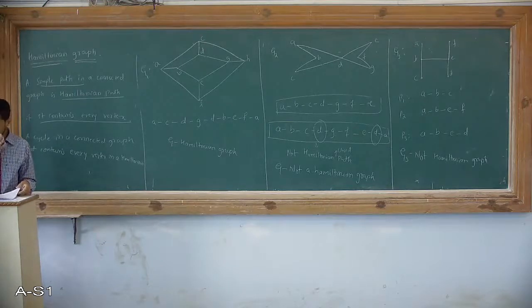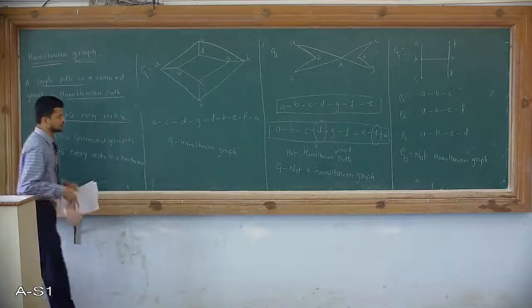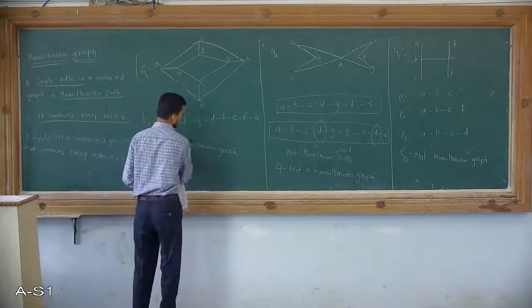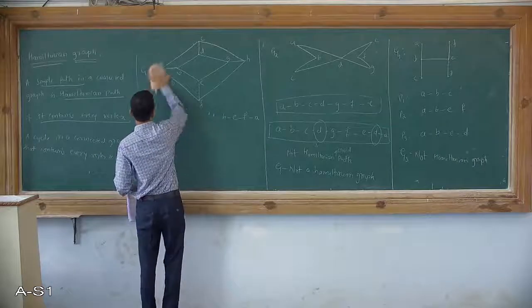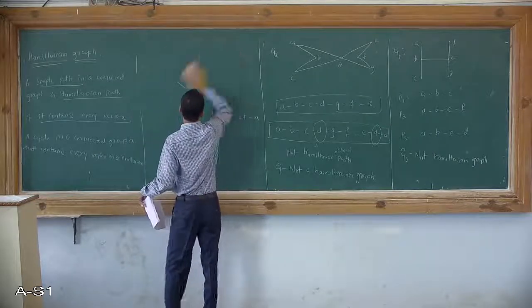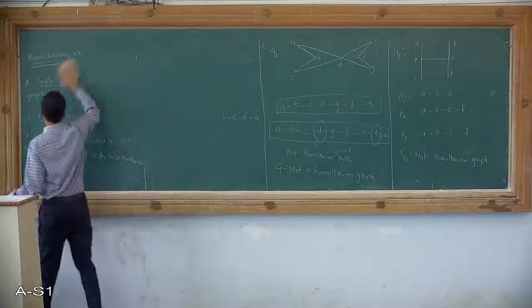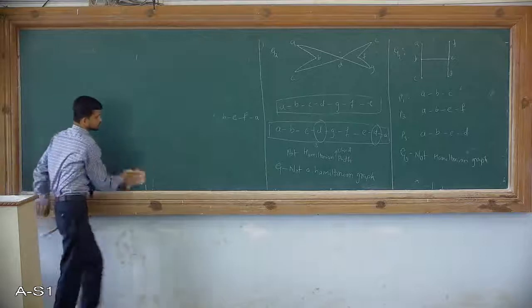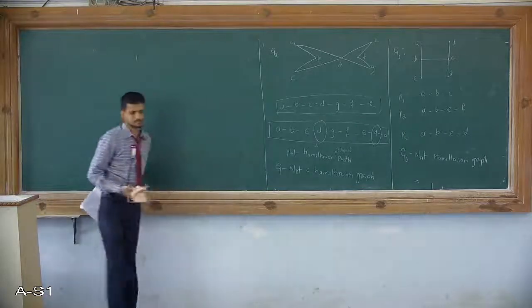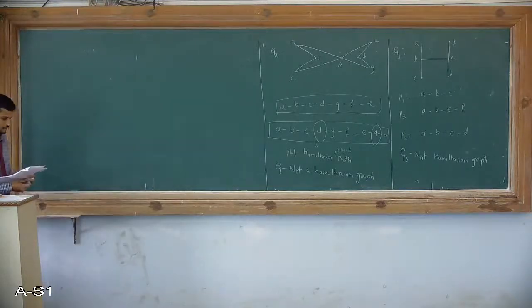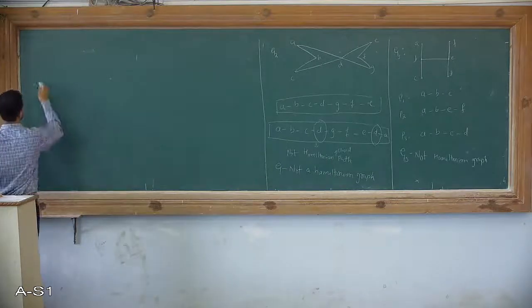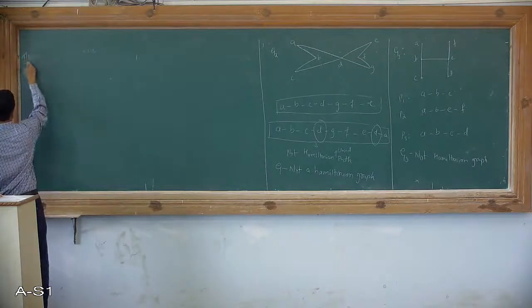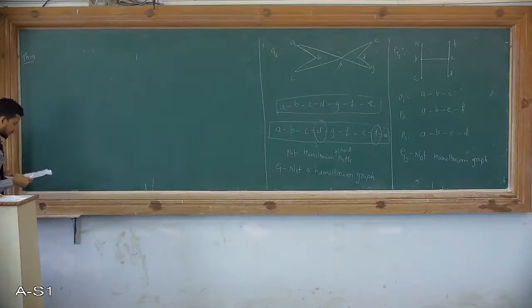So for that, I will write down three important theorems based on this Hamiltonian graph. Based on these three important theorems, we will solve some examples. Proofs are not so important, so that's why I am not considering proofs here.